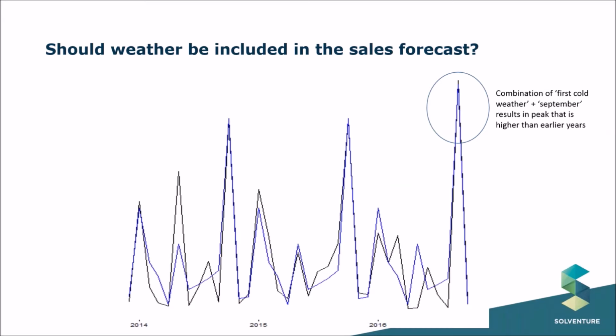That's not explaining the higher peak. What we really see here is an interaction effect. We say, well, the fact that it's September and that in September you hit the first winter type of weather, the combination of the two results in a somewhat higher peak. So we can also model those interaction effects.